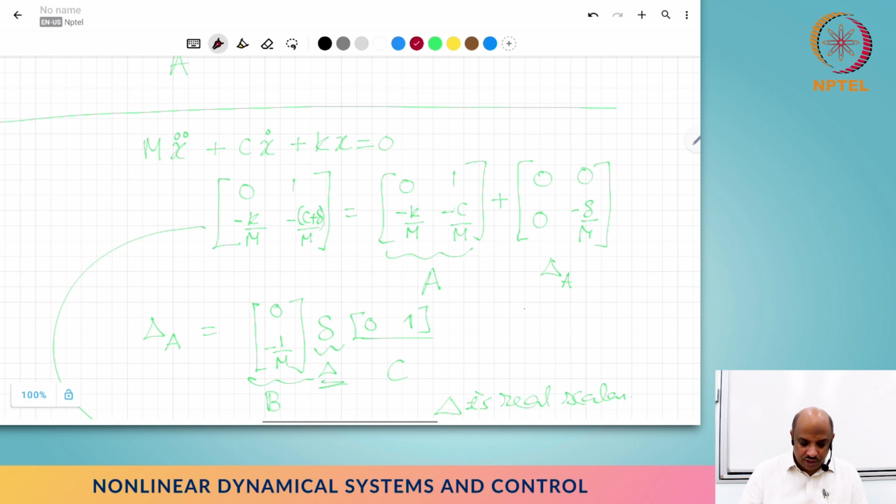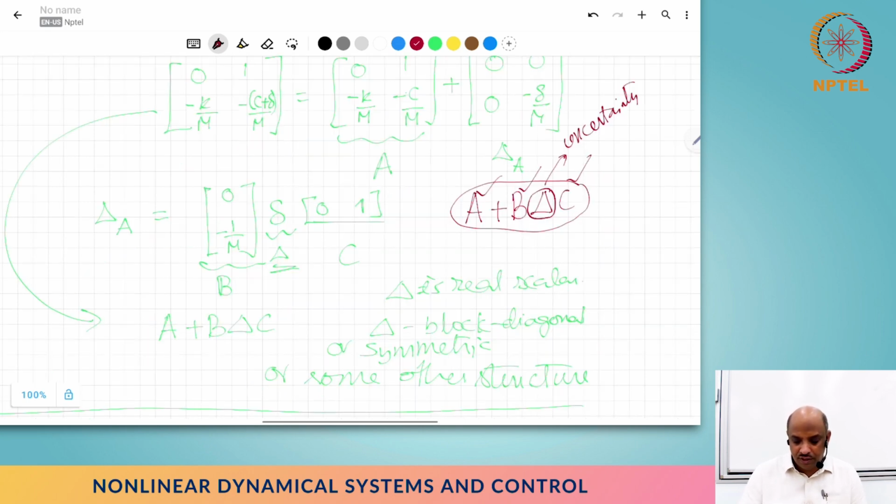So in general, I have something like A plus B delta C as my model, where A captures the average part, so to speak, and B and C capture the structure of this matrix. So essentially we can write the system matrix as a nominal matrix A plus some uncertainty, A plus B delta C, where B and C capture the structure, and delta is the uncertainty.